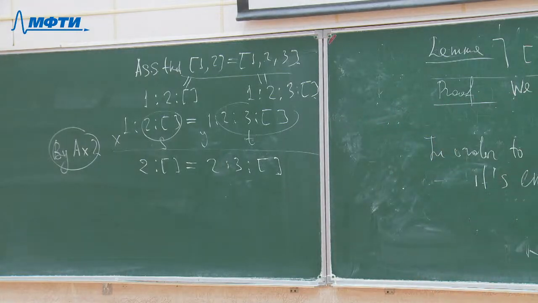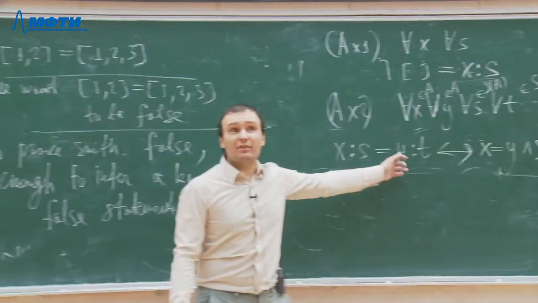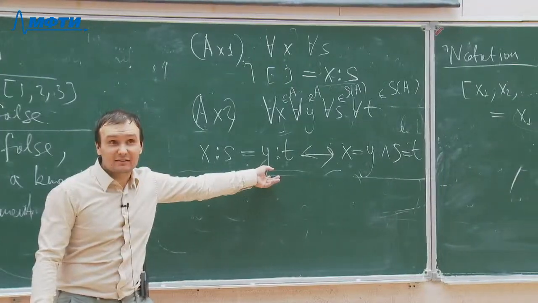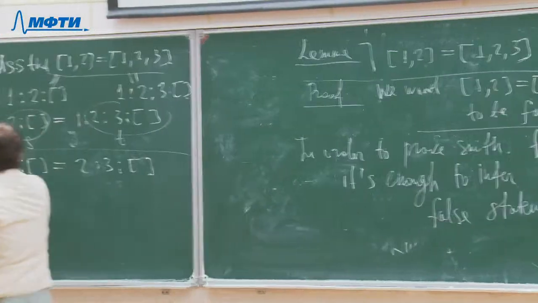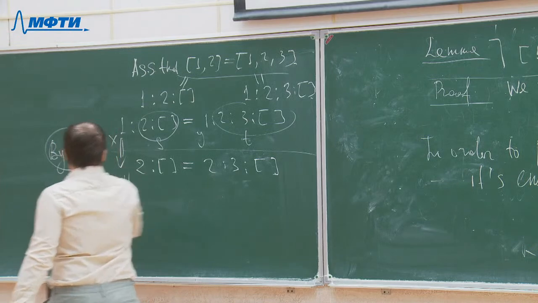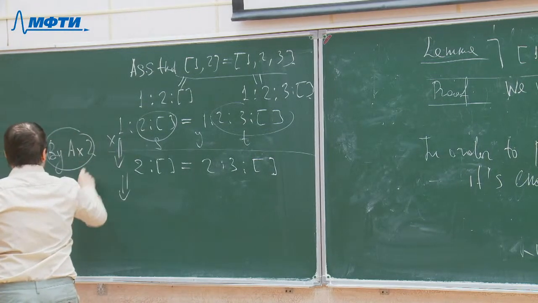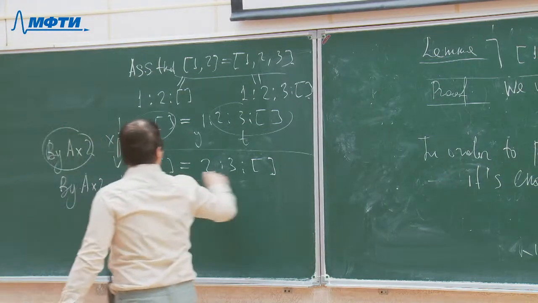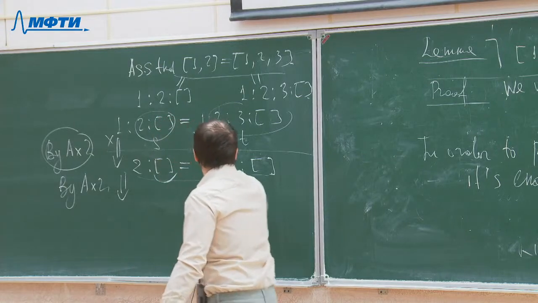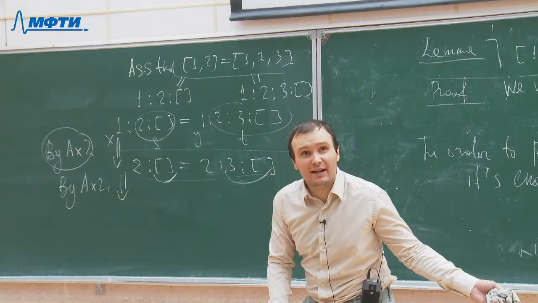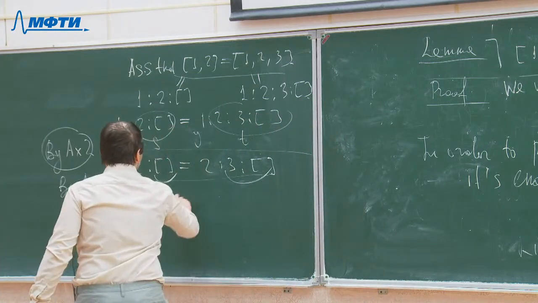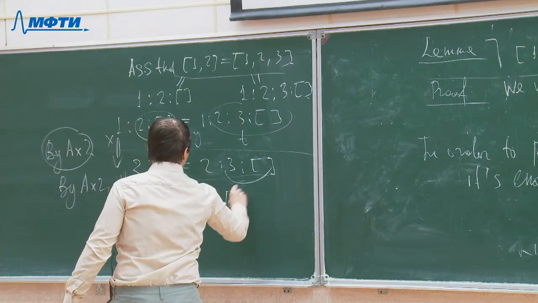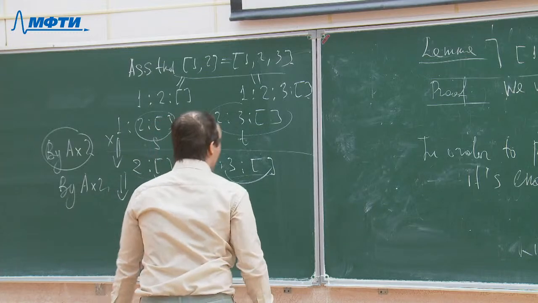But the tails are of the same form, X column S and Y column T. By the same axiom 2, that means that the tails of these two strings must be equal. So the empty string must equal this one.